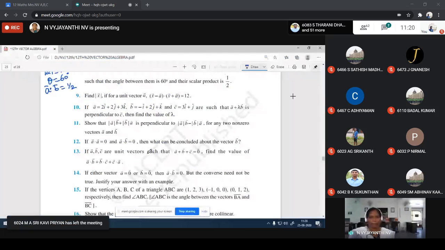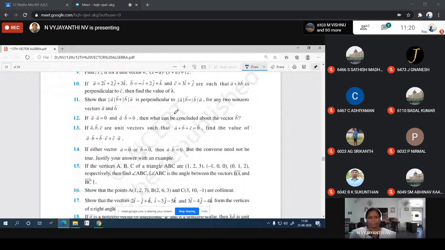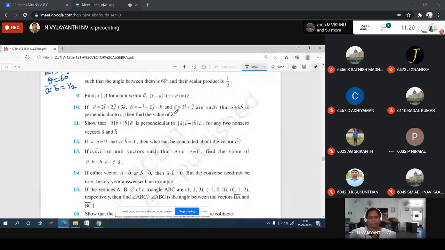If A, B, C are such that A vector plus lambda B vector is perpendicular to C, find the value of lambda. How to solve that? After adding, take the dot product.